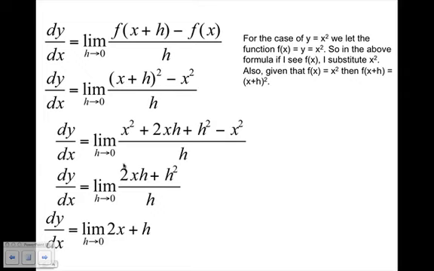I really should have included an extra line there, but for those of you who are able to follow me, you'll see that h appears in 2xh and h appears in h squared, and so my h on the bottom can divide through the numerator, leaving me with nothing but 2x plus h on the top there. And the h on the bottom has cancelled with that h, and it's cancelled with one of these h's. Because h approaches 0, I'm left with nothing else but 2x.